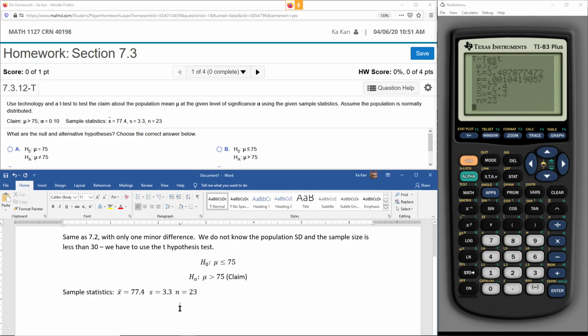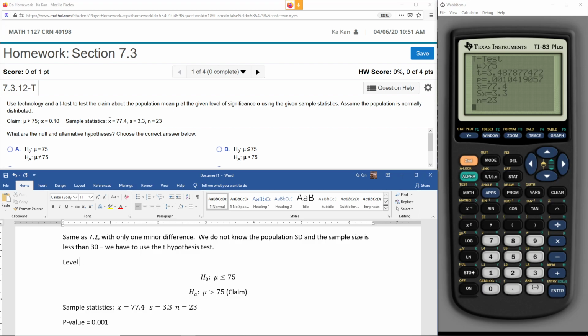So we have a P value equal to 0.001. So you can then say, and remember alpha, maybe I should say up here, the level of significance is alpha equals 0.10.